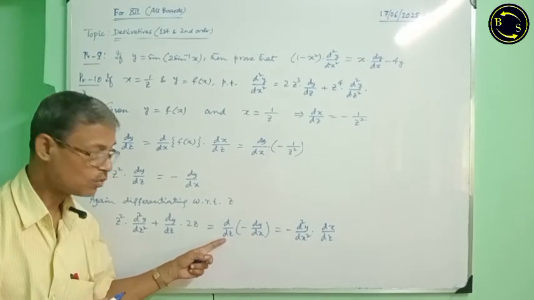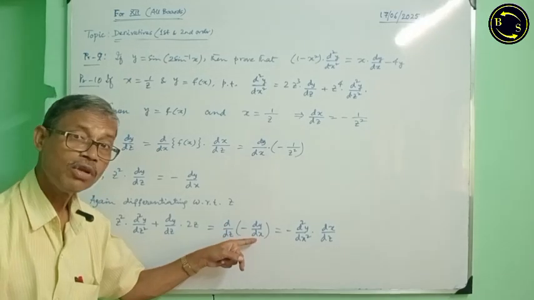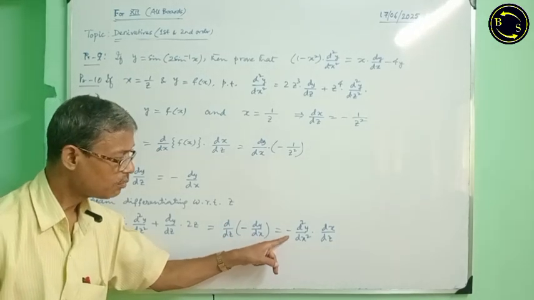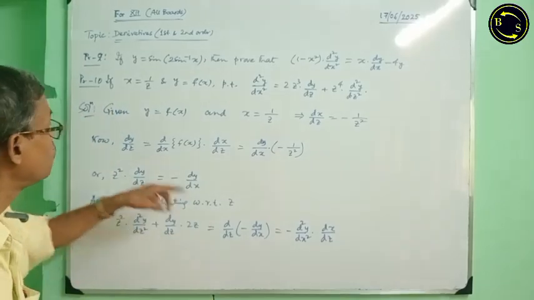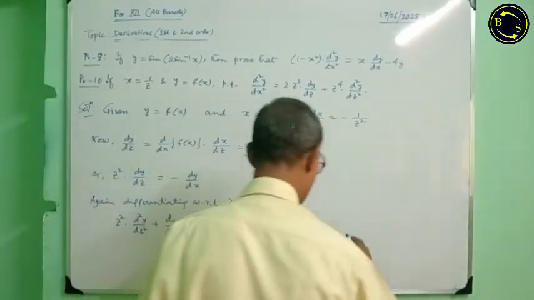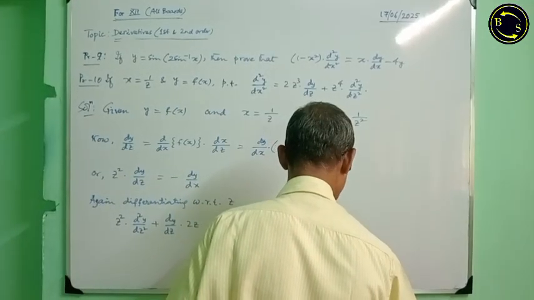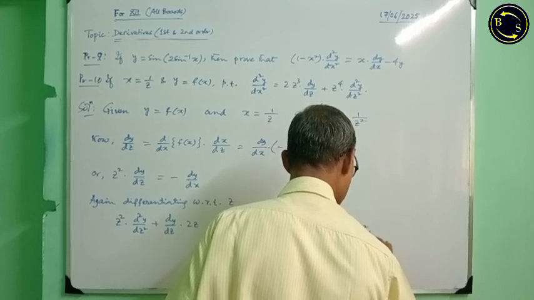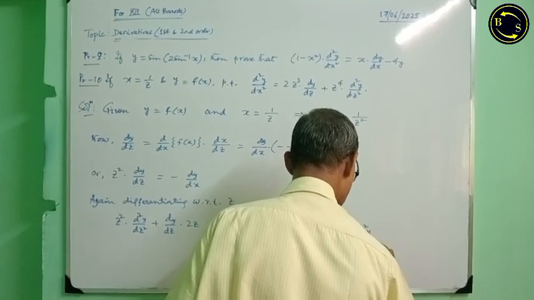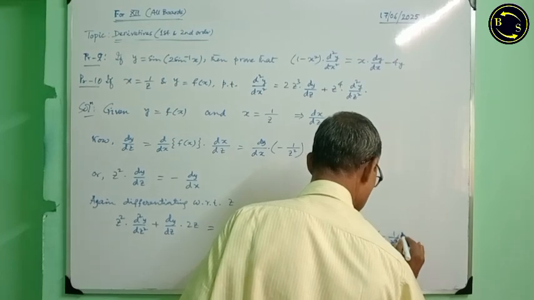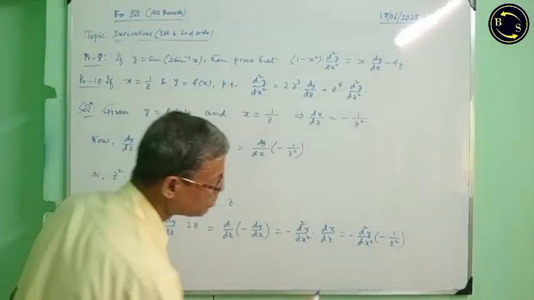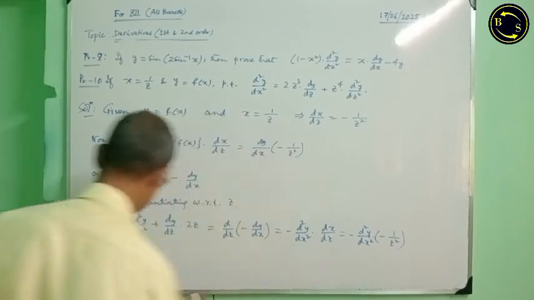We have to apply the chain rule, d/dx of this whole, that gives −d²y/dx² into dx/dz. Now I put the value of dx/dz from here, −d²y/dx² into (−1/z²), multiplication.